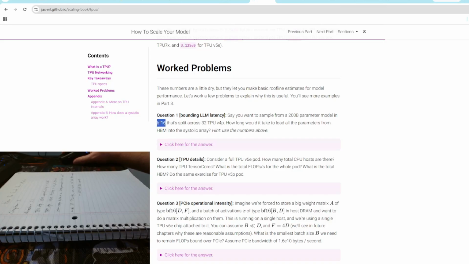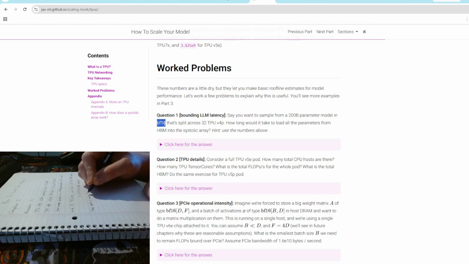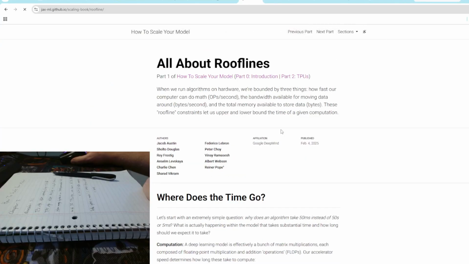It's 2 bytes per BF16, I think that's what it was. So total bytes in model equals 200 B times bytes in BF16. Let's just make sure before I write this down in pen.